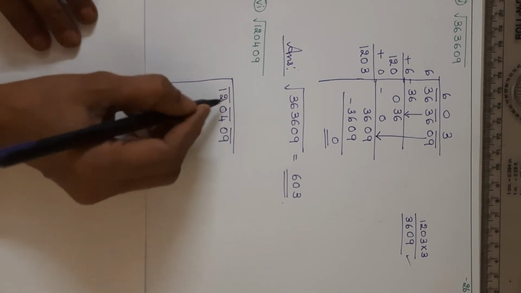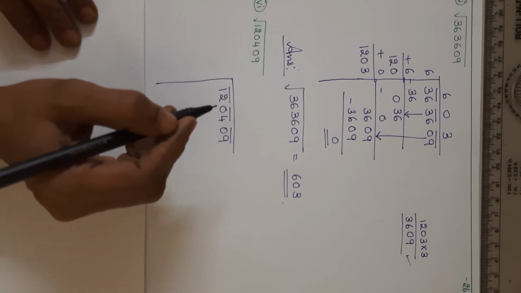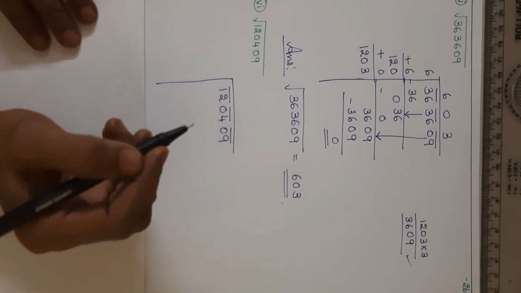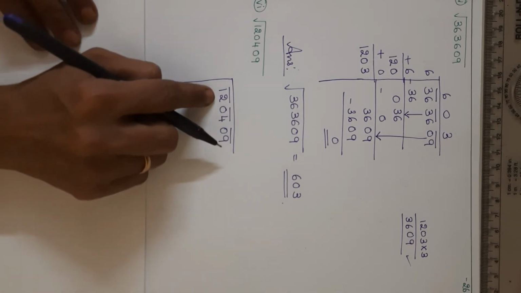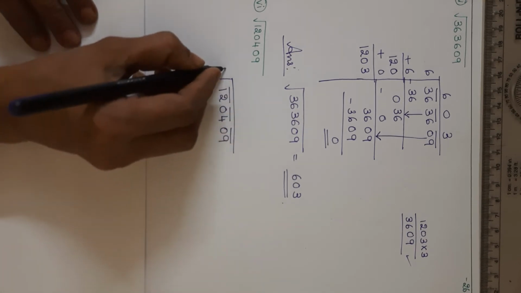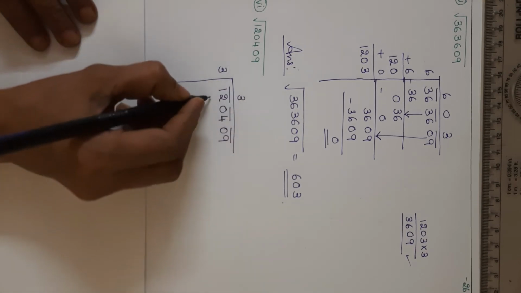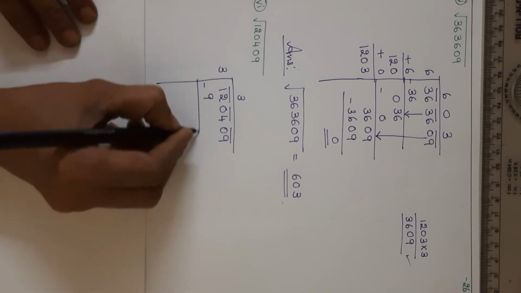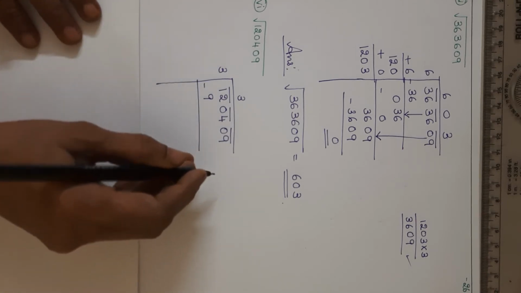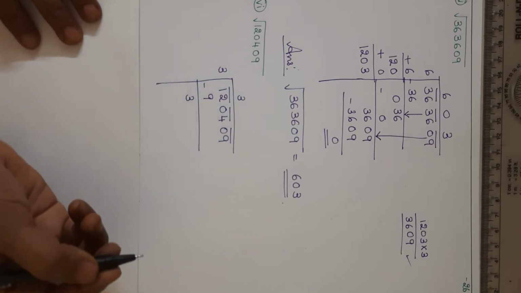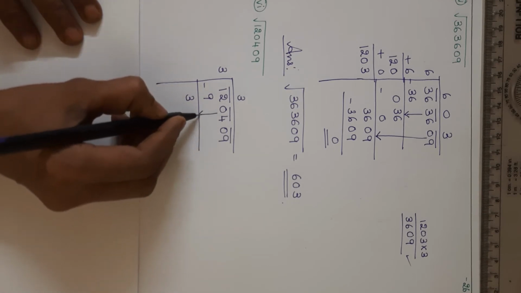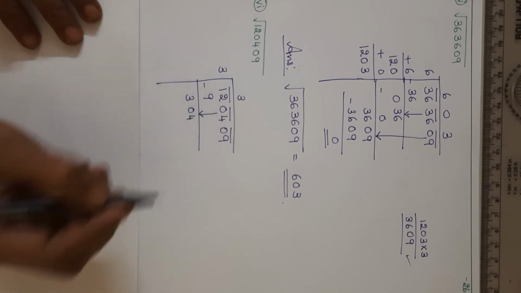Now ask 12. 2 2s are 4, 3 3s are 9, 4 4s are 16. So you can put only 3. It is 3 3s are 9. 12 minus 9, how much it is? 3. Now bring this 0 4 down.